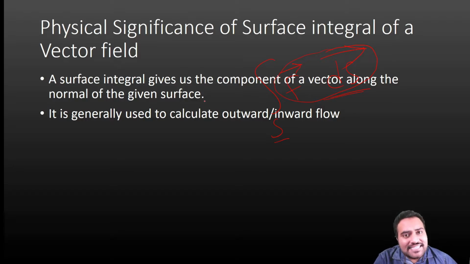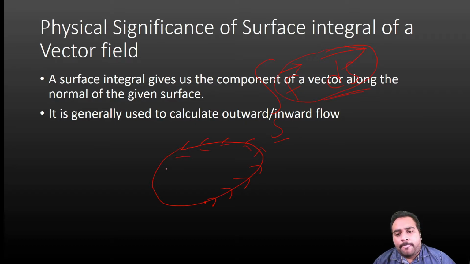But not just that. If you begin at a point on the circumference of any loop or any path, you move along its direction, and then finally you reach the same point where you started.